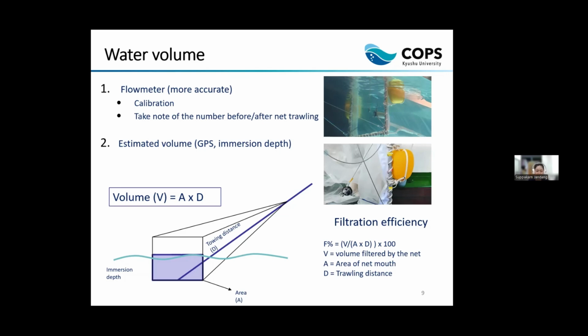The estimate is not exact, but you can use the GPS to estimate the volume and the distance area of the net towing. This is a simple equation showing how the net will be immersed underwater. Basically, the net will be half or three-fourths underwater, not submerged into the water. Otherwise, you cannot catch anything about the floating microplastic.